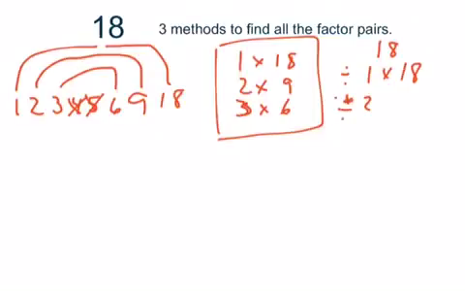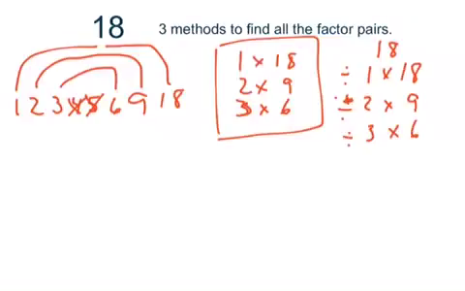Division, there we go. So 2 times 9, because I know 18 divided by 2 is 9. That works. I can try dividing by 3, and I know that 18 divided by 3 is 6. So there's another factor pair, and I know that there aren't any more. So that's another way I can think about finding all my factor pairs.